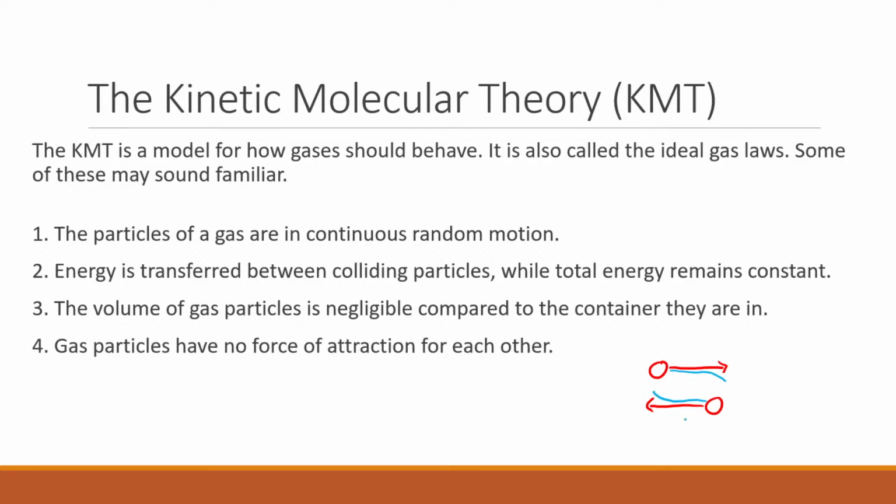And instead of following this straight path past each other without caring, they would be tilted just a little bit towards the other particle. But gas particles we're going to assume that they have no forces of attraction for each other, and so we're going to ignore these blue lines and say that the red lines are the ones that the gas particles will follow. All right, a straight line until it hits something.